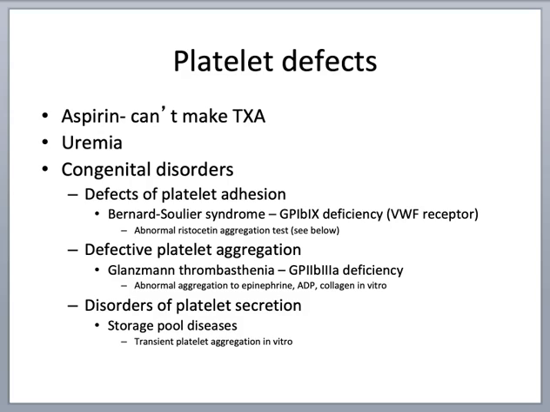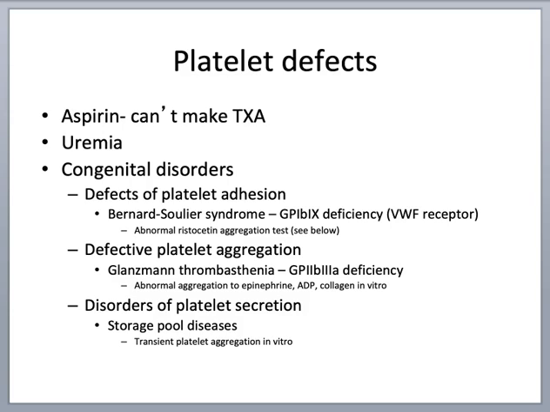And then what I wanted to finish up with primarily were these congenital disorders. These are rare inherited disorders, and as you can predict, there are defects of platelet adhesion. The most classic is Bernard-Soulier syndrome. This is where you have an abnormal von Willebrand factor receptor. You can have defective platelet aggregation.